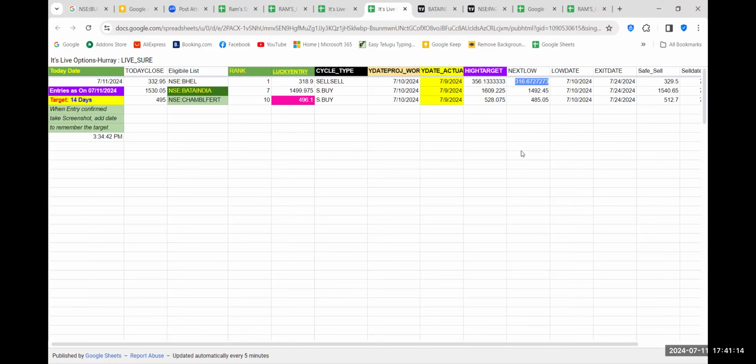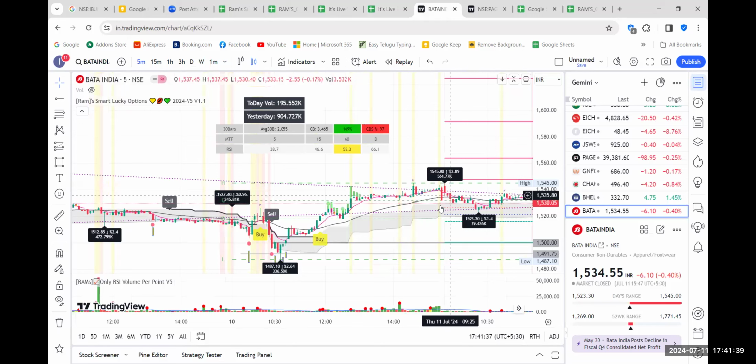But as we are on 11th of July, even then there is a point to enter. Even though the 316 pivot has been created on July 10th, today is July 11th. The closing price is 332. So we have to look for an opportunity between 316 and today.